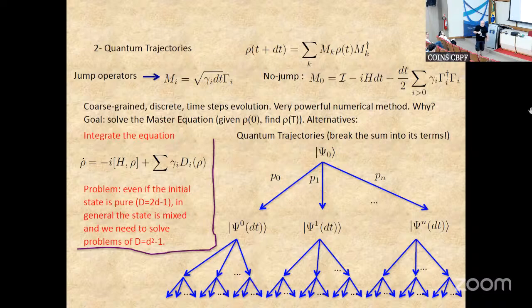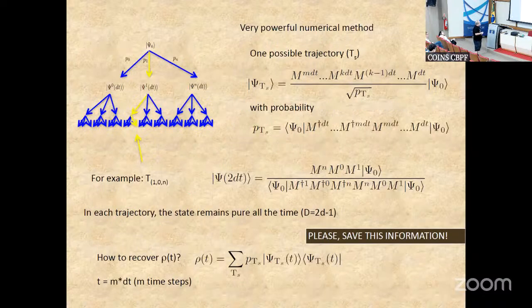And the way to recover, so again, to each trajectory, I have the consecutive application of the operators corresponding to the jumps that I drew. And there is a probability of this happening, and this is given by this number here.